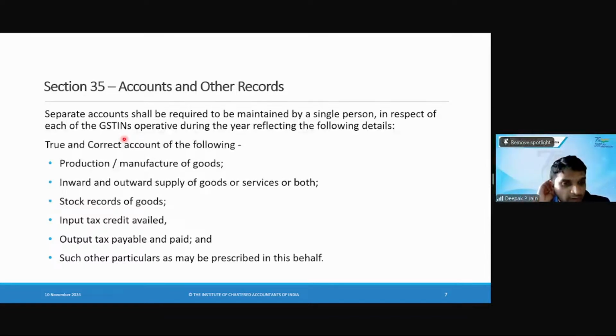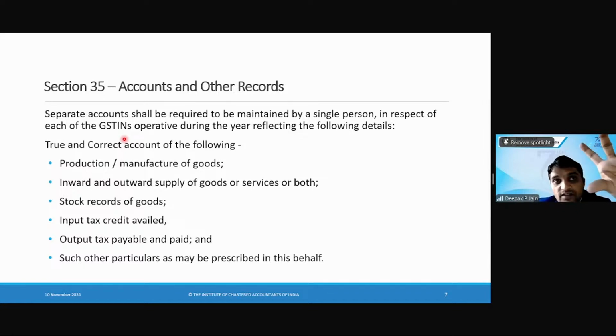One is production, details regarding production or manufacturing of goods. Then inward and outward supply of goods. Whatever production happens, we are not talking about taxes at all here, just the normal process. Whatever production or manufacturing is happening, what is the inward and outward supply of goods?